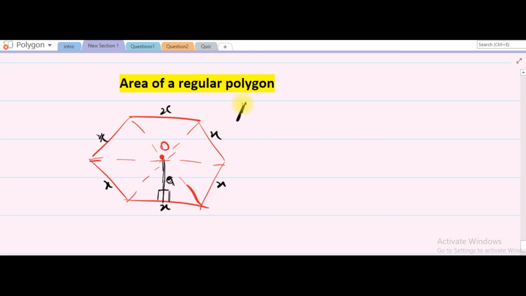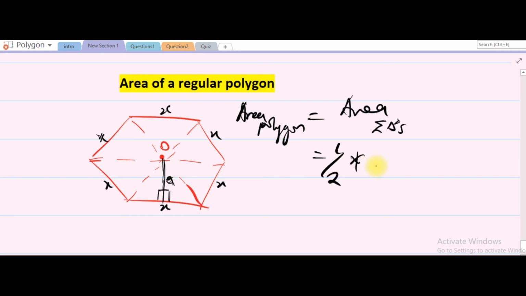So the area of the polygon is equal to the sum of the areas of the triangles. The area of a triangle is half base times height.